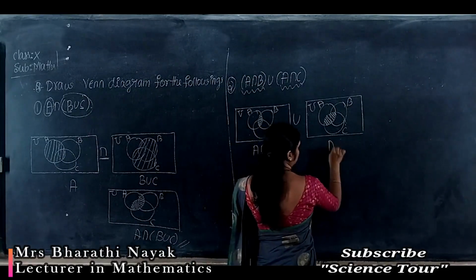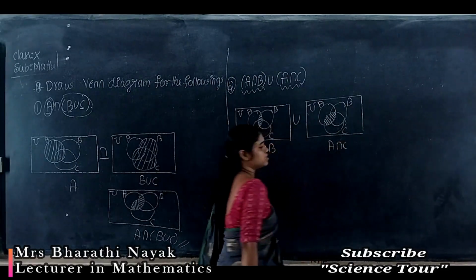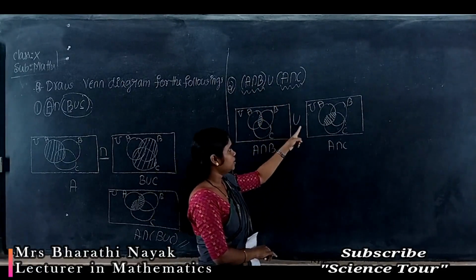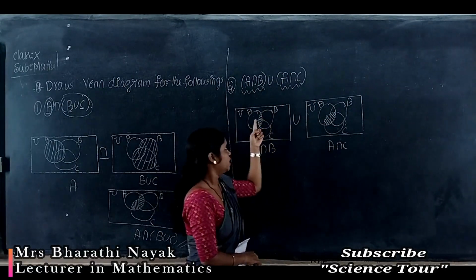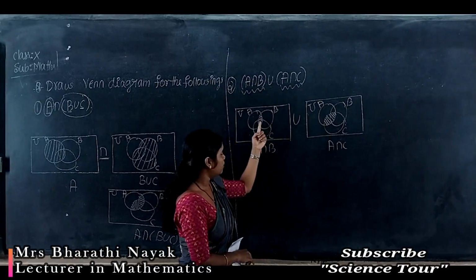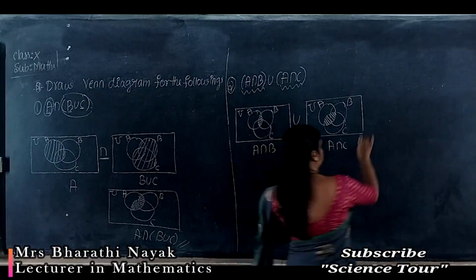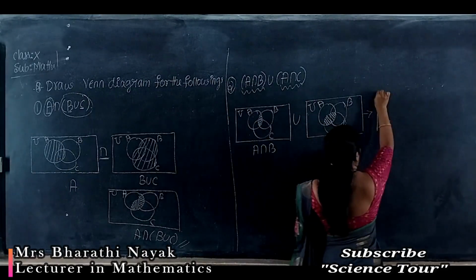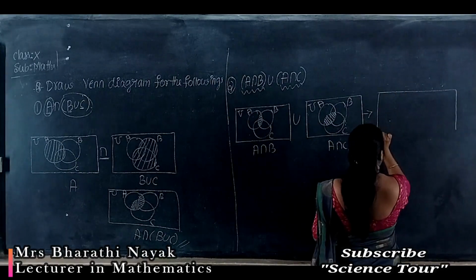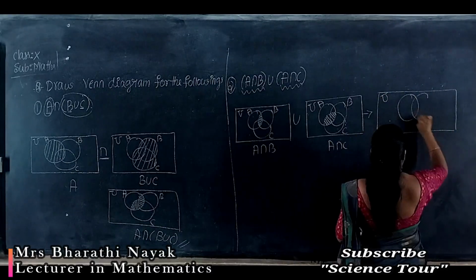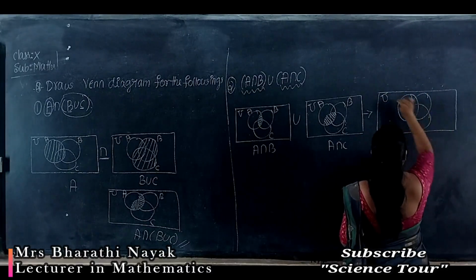So this is your A intersection C. Therefore union means combine these two shaded regions, combine this one and this one. So this is given by, this is your universal set, set A, set B and set C.